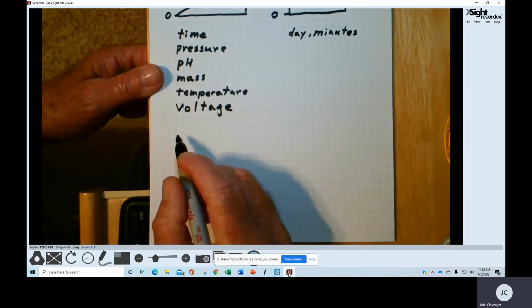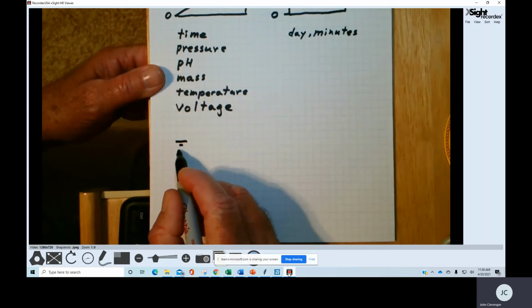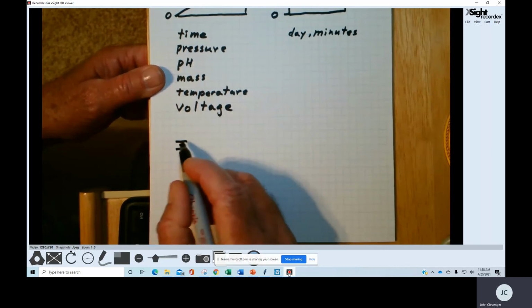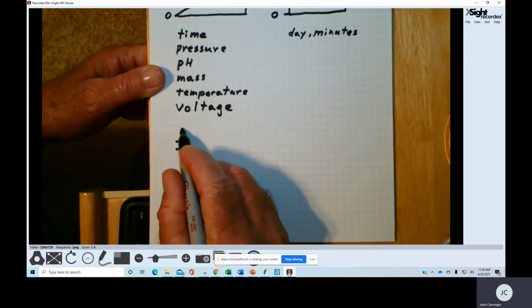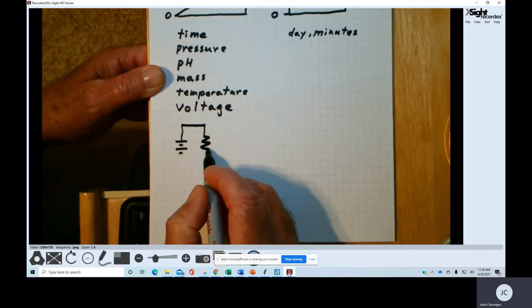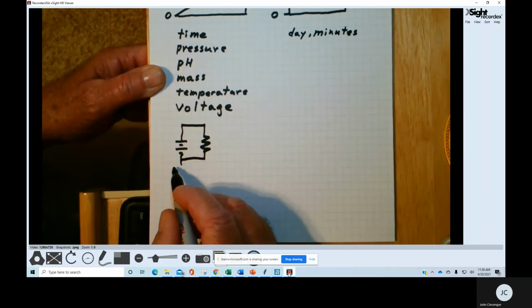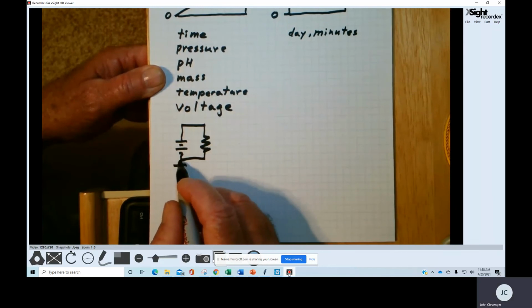For example, with voltage, we think back to the second or third week of the semester when we talked about the construction and application of a potentiometer. Let's put a little ground here.